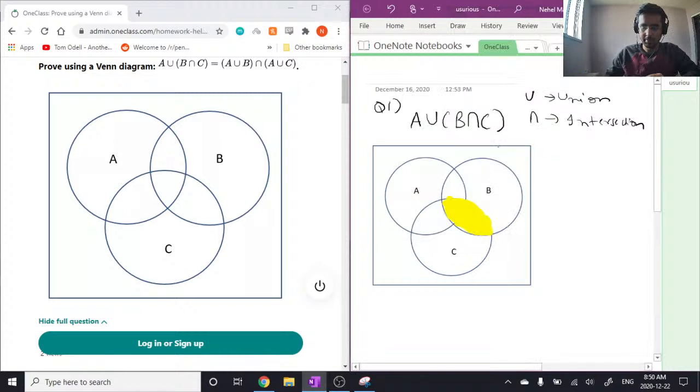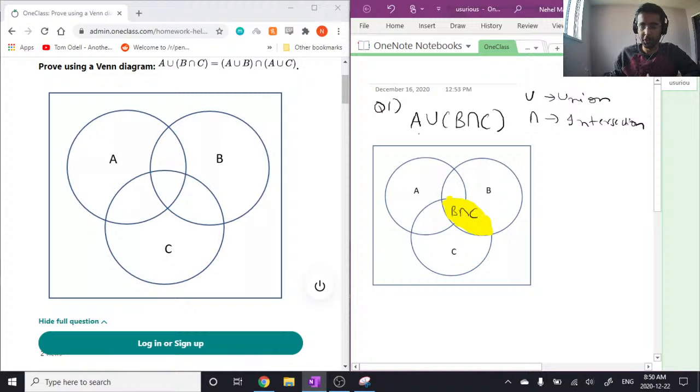This here is nothing but B intersection C. Now, if we look outside of the bracket, we're given another requirement, which is to take the union of this intersection with A. Now, the union of this intersection with A would include all of A, essentially, plus this.